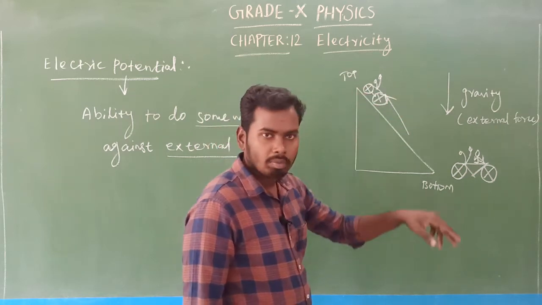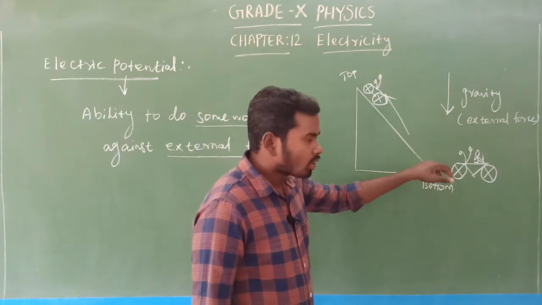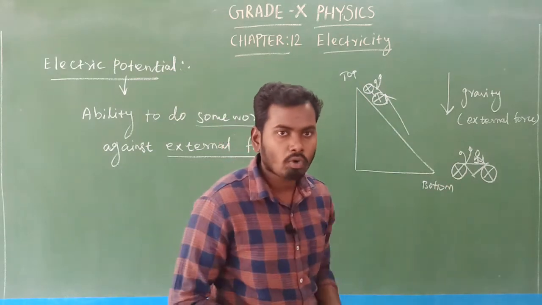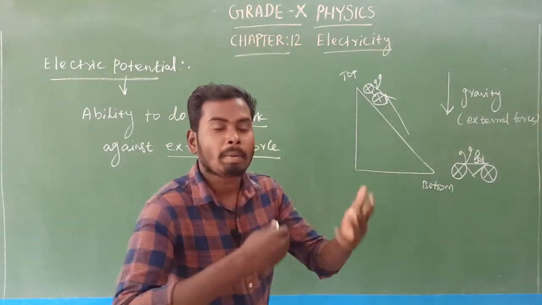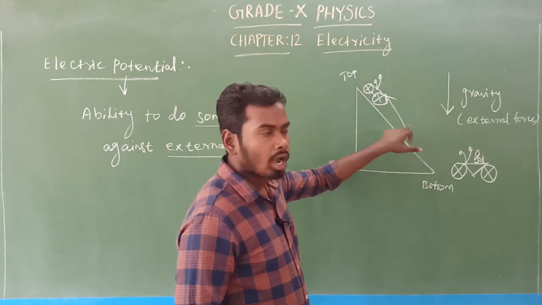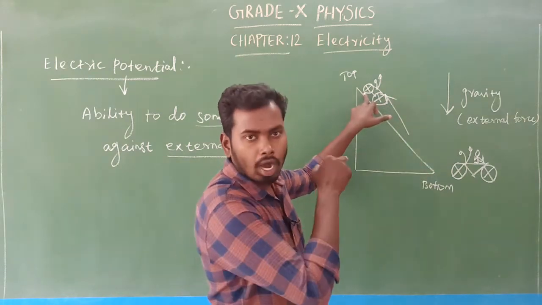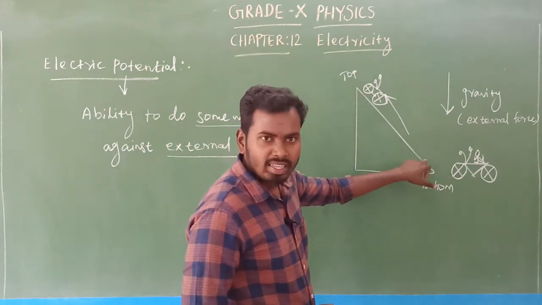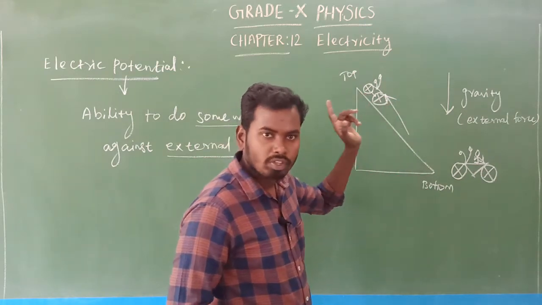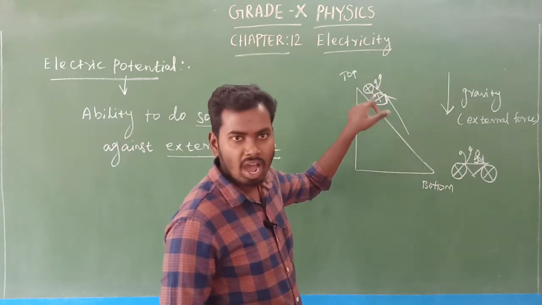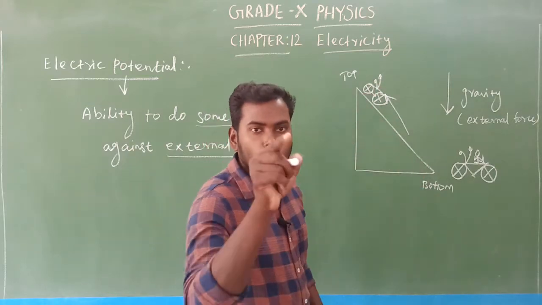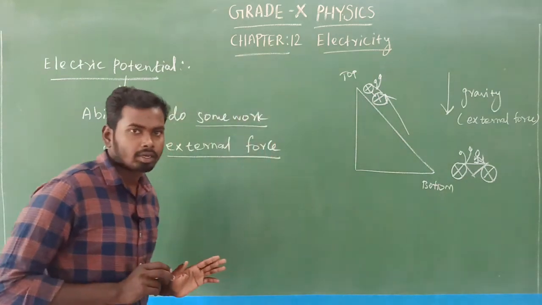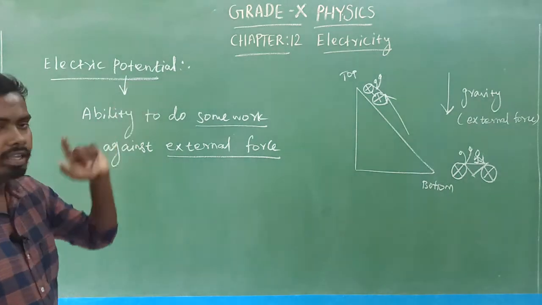Even though gravity pulls downwards, you are applying more force on the bicycle by pedaling, due to which you come to the top. Here work is done against the gravitational force, due to which you have a potential. So that is potential in the electricity lesson.